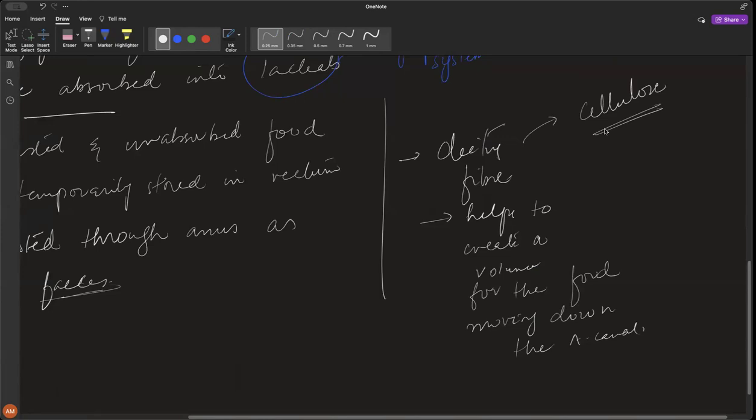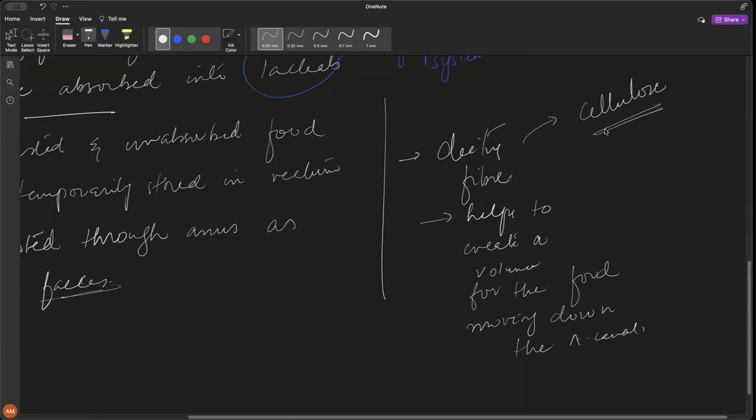And what else? We have a lot of lentils, a lot of husk, and seeds like chia seeds have a lot of dietary fiber in them. It creates a bulk, a mass, so that the food can easily move down by peristalsis.